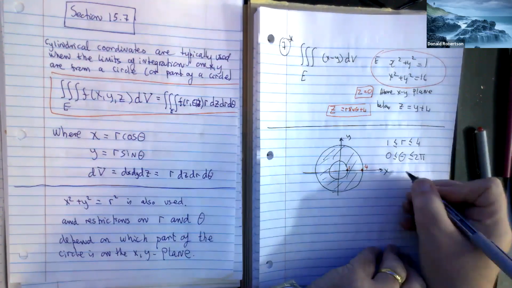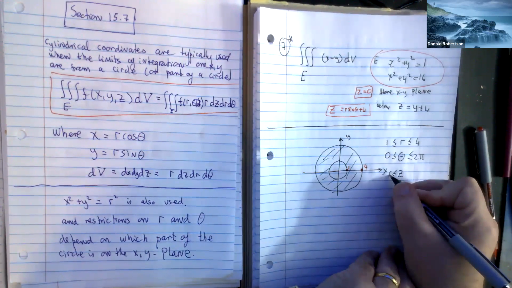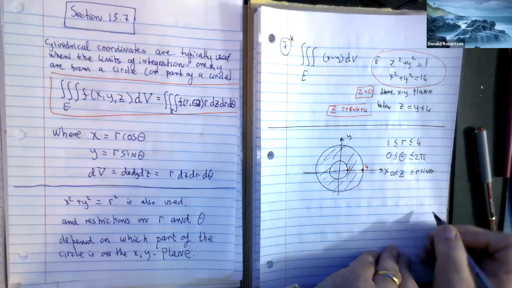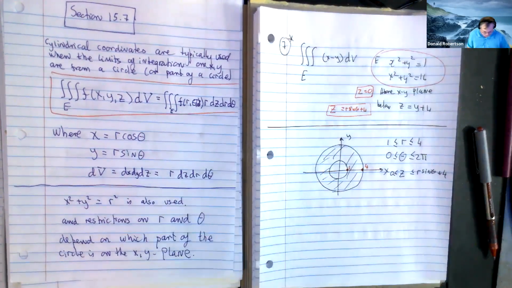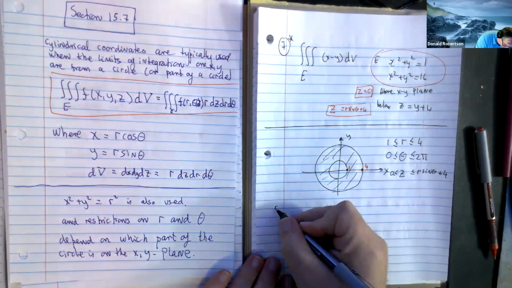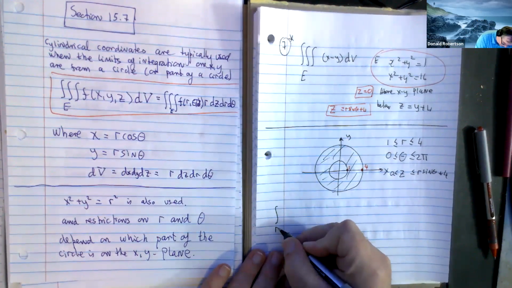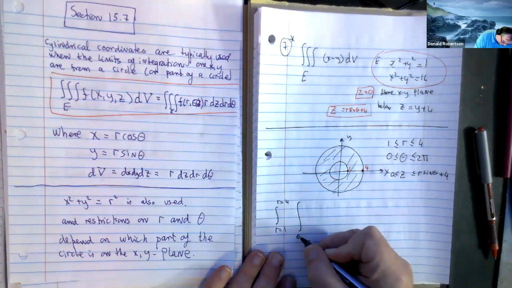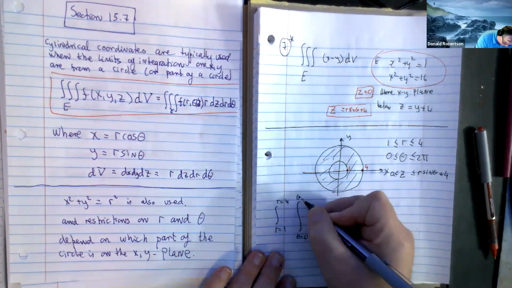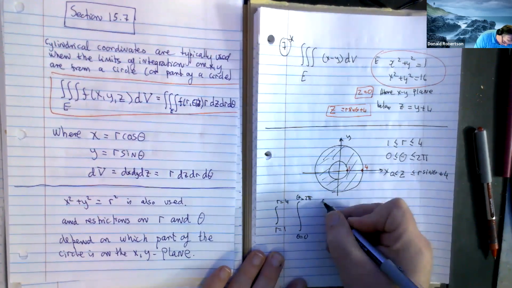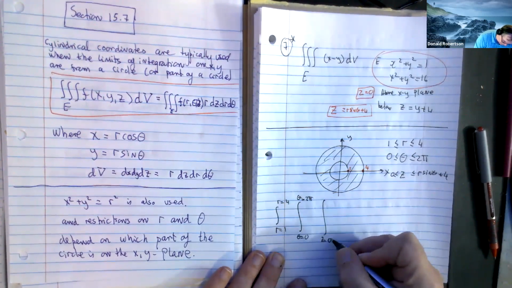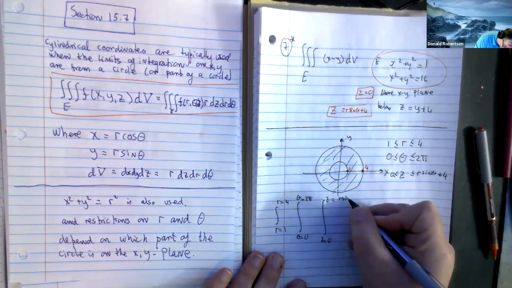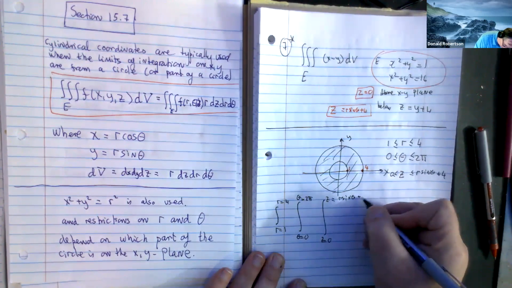So our limits of integration are z from 0 to r sine theta plus 4. So our integral is now going to be r equals 1 to r equals 4, check. Theta equals 0 to 2 pi, check. Z is 0 to r sine theta plus 4.